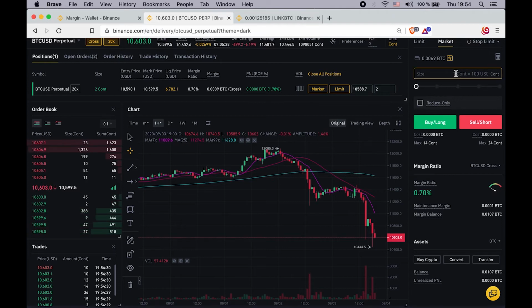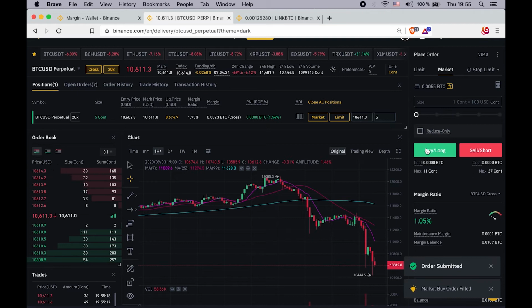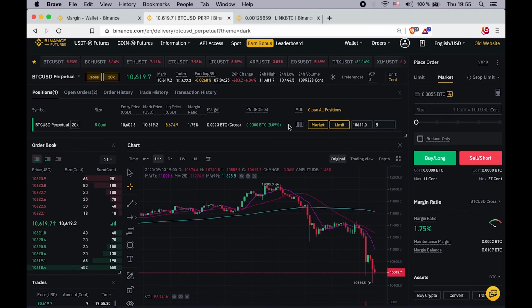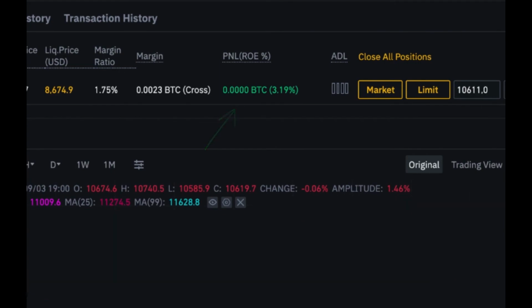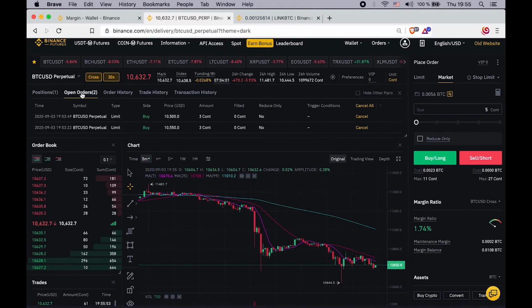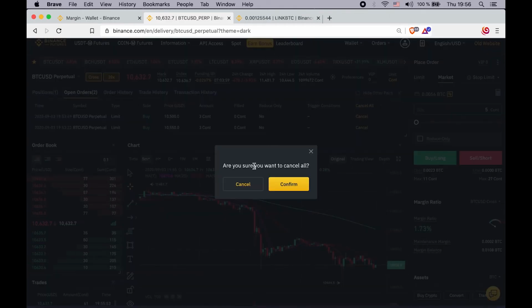We're buying 1 contract more, buying 2 contracts more, and now we have a position with 5 contracts, and we see the liquidation price at 8,674 and some little profit. Okay, now we're canceling the limit orders and keeping this position.